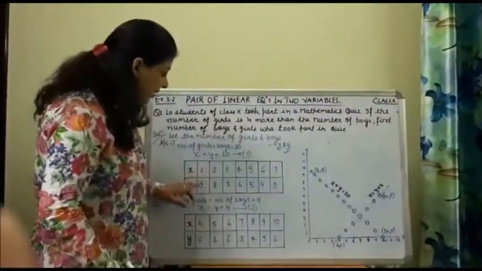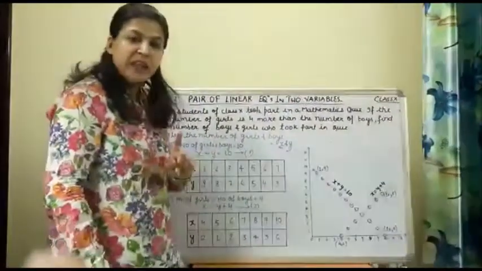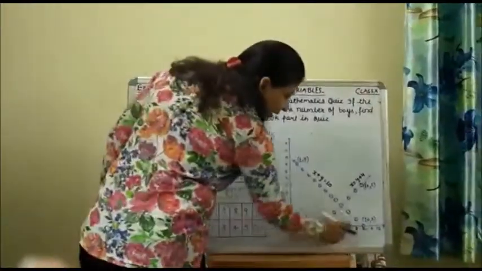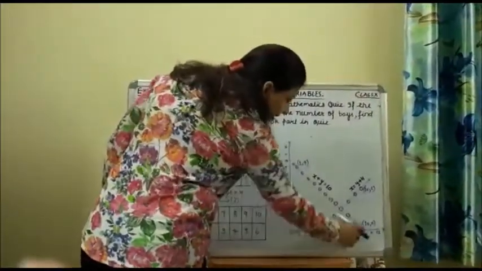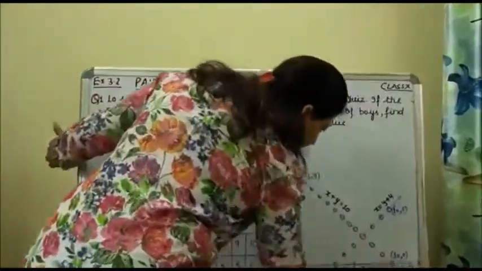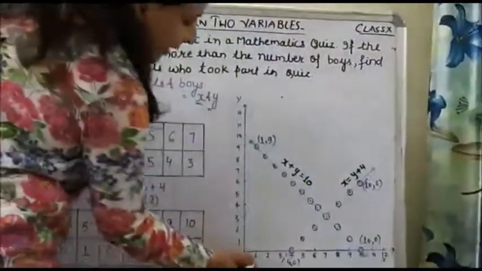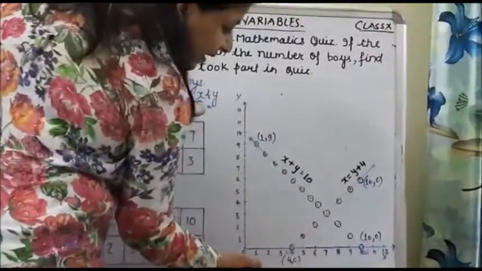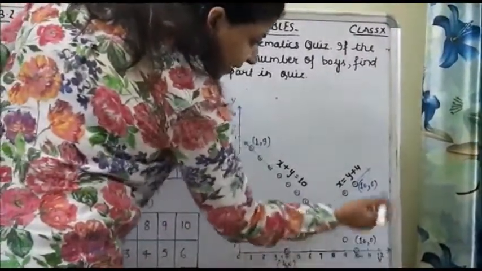Now 1, 9. X is equal to 1, Y is equal to 9. This is your graph. This is your Y axis. This is your X axis. 1, 9. So I have plotted like this. 1, 2, 3, 4, 5, 6, 7, 8, 9.